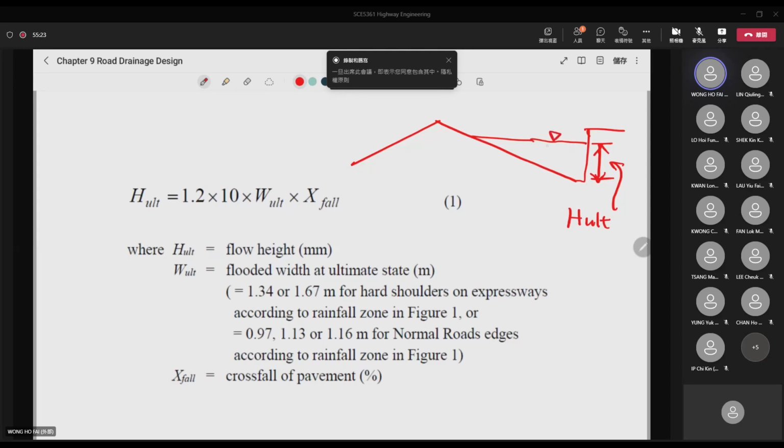This is the flood. And therefore here you can calculate the flow height beside the curb. It is the flood at the ultimate state.